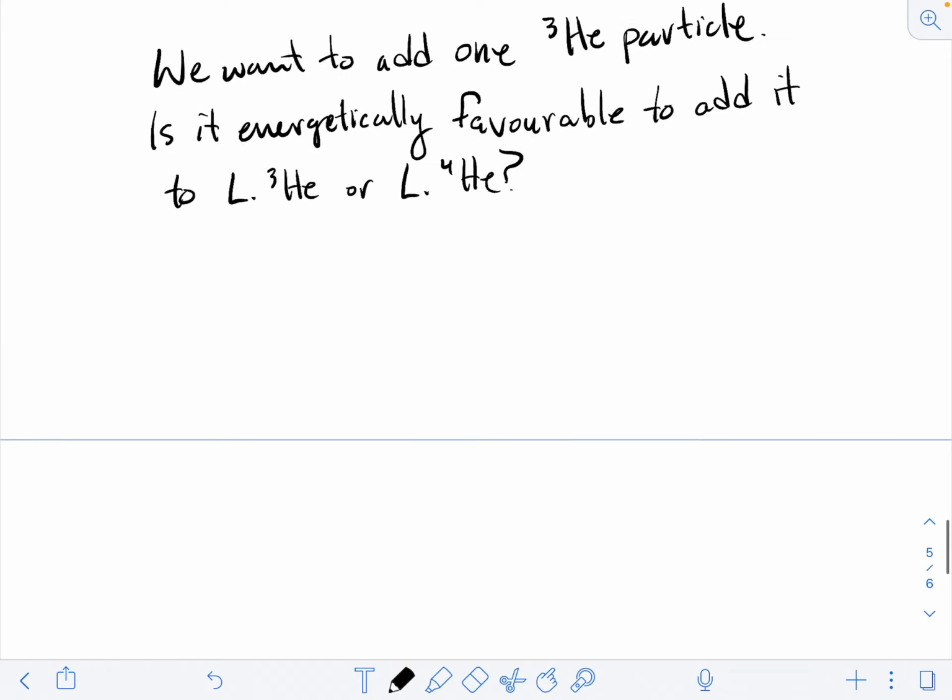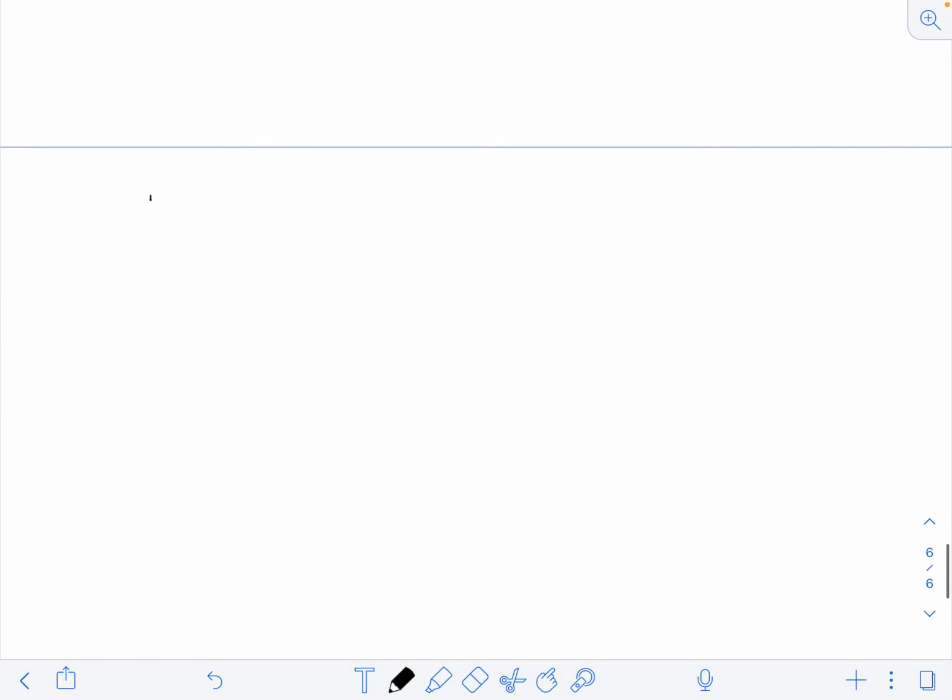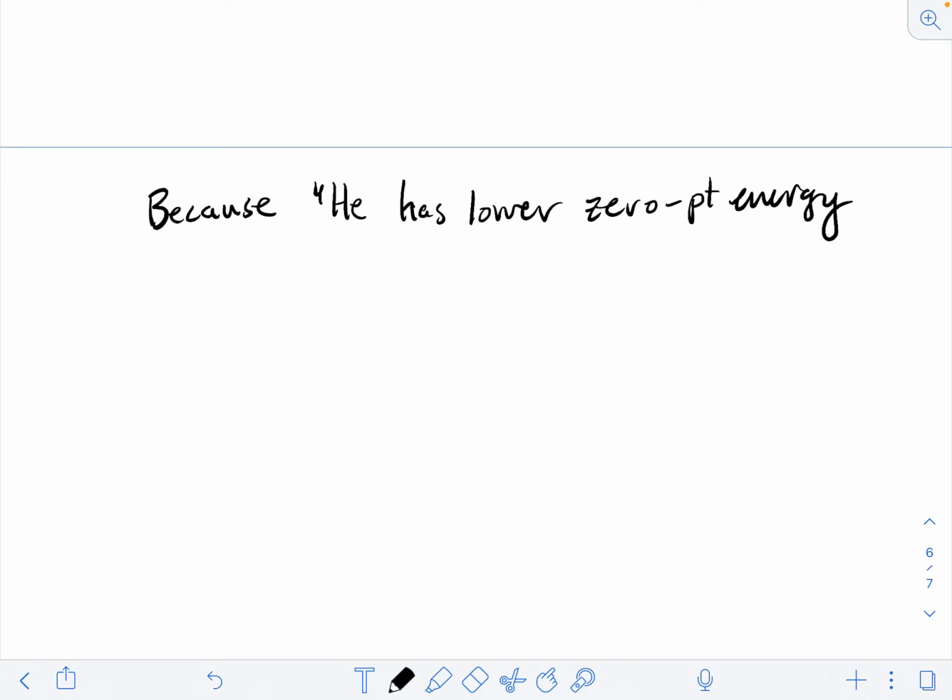Okay, so we make the following note. Because helium-4 has the lower zero point energy, it is more dense. That's a point that we actually already made near the beginning.